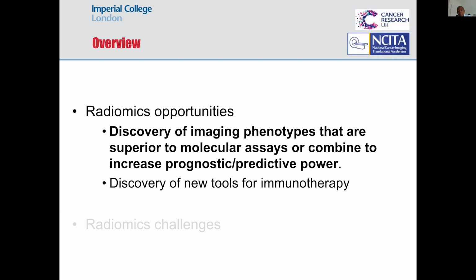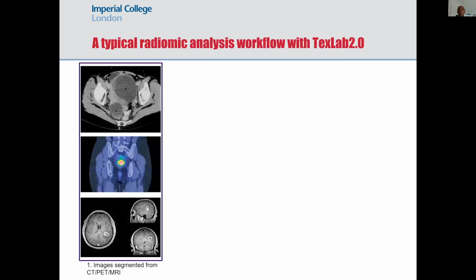So 2 examples by way of opportunity, and then I'll speak to challenges. One from our own lab, where we use an unsupervised approach to tease out prognostic vectors, and then another for the field of immunotherapy. So the workflow for most radiomic analysis is pretty simple.